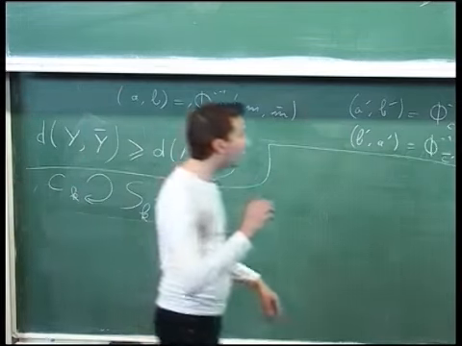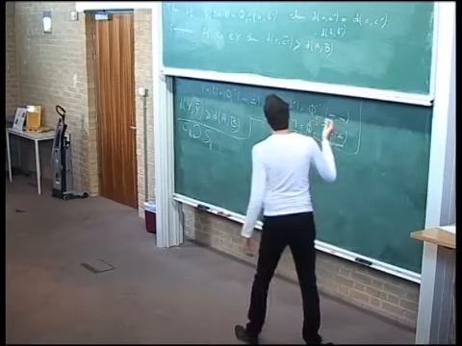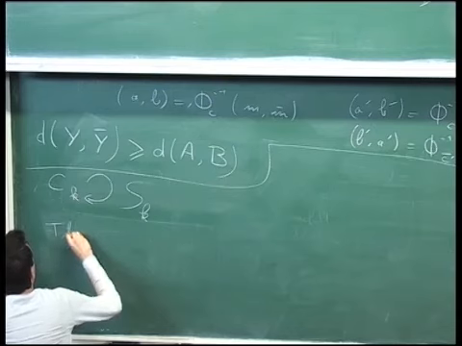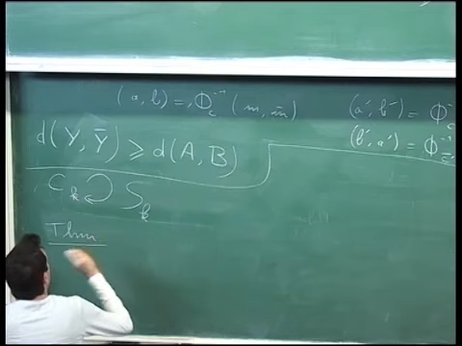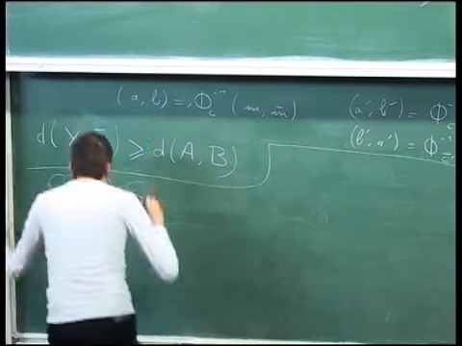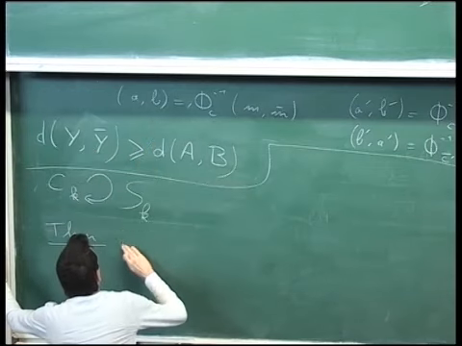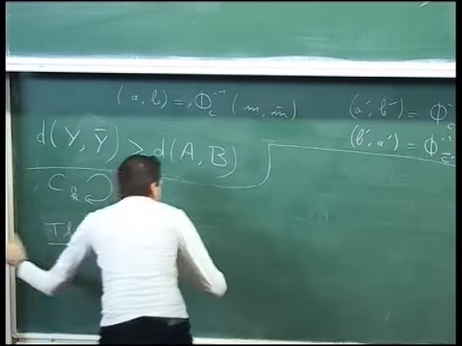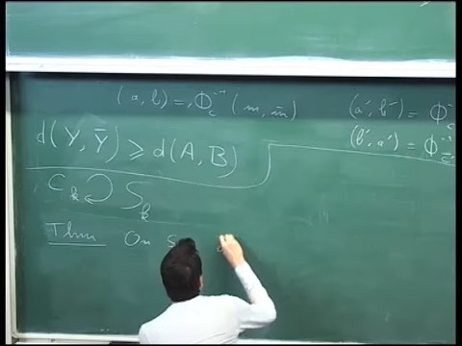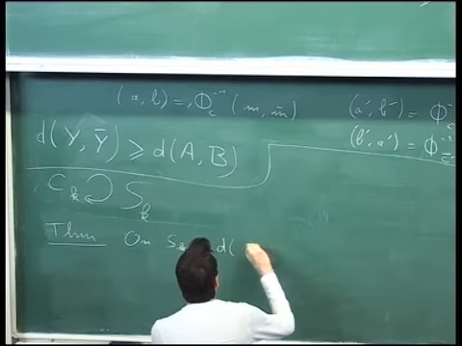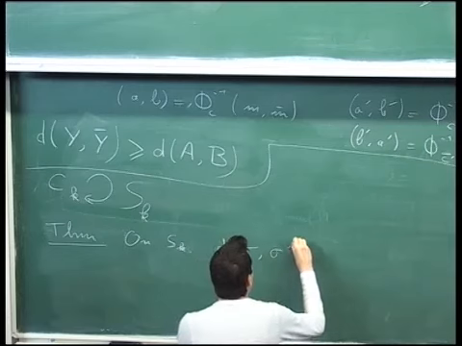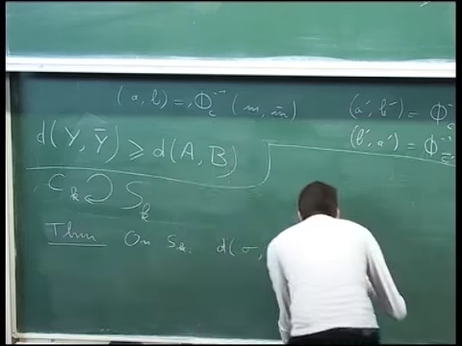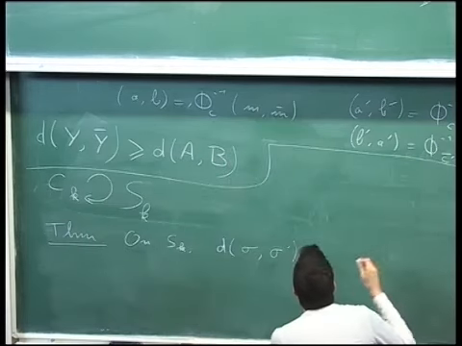So concentration of measure means, so it's a known theorem. On Sk, define the metric, the distance d between a permutation sigma and sigma prime. It's defined as the number of indices at which the permutations differ.